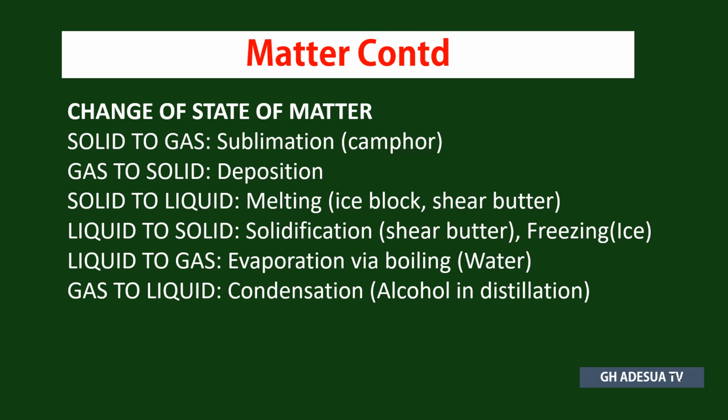Then the reverse, from gas to liquid, you have to condense. A simple idea of condensation is what happens when you are cooking. When you are cooking and you put a lid on the food, you realize that no matter the space between the surface of the food in the saucepan and the lid, water forms on the lid.